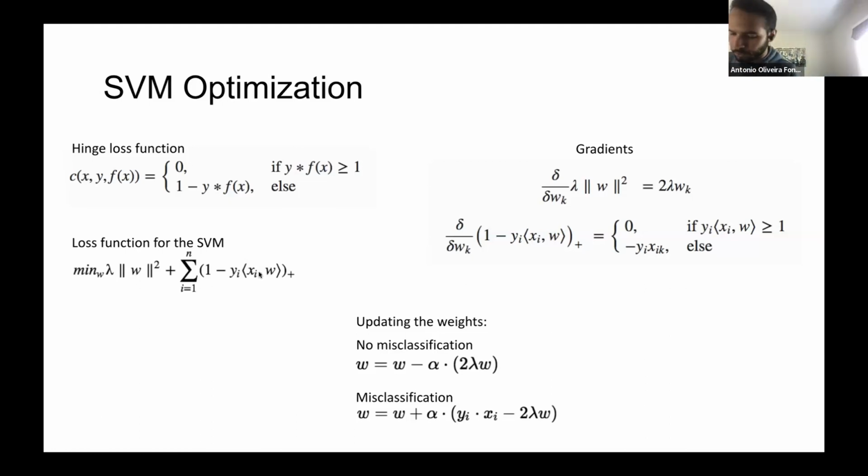Remember that the position essentially stands by where this normal vector is. So that's W, right? If I move the normal vector here, you see that the position of the hyperplane changed, right?